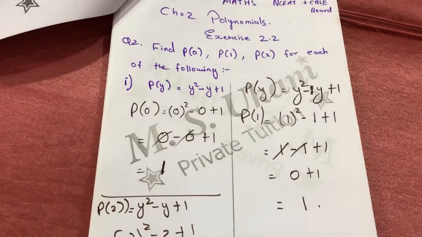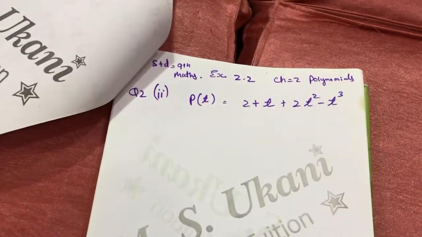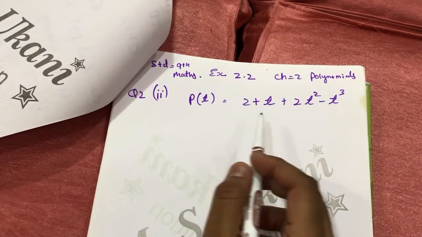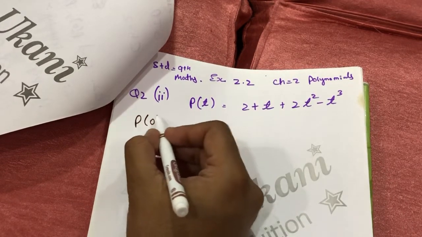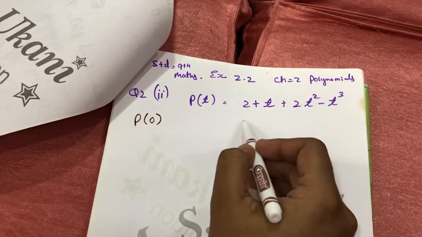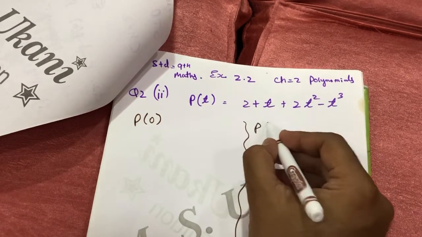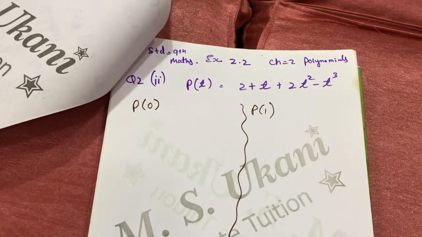Now let us move to the second one, that is, the equation is this. In this same equation we have to put p(0) first of all, then we will do p(1), and below that we will do p(2).